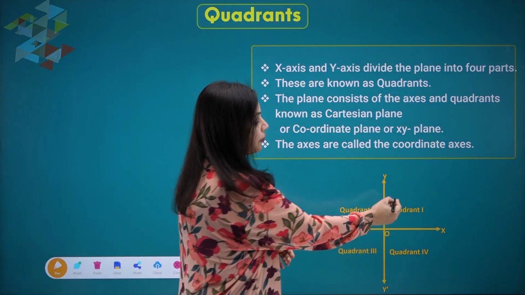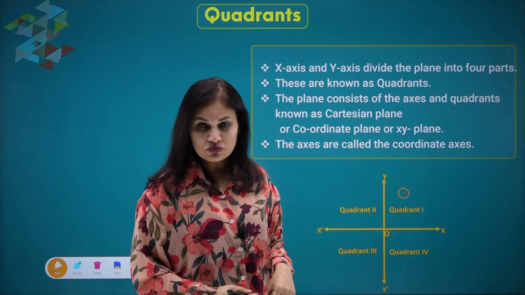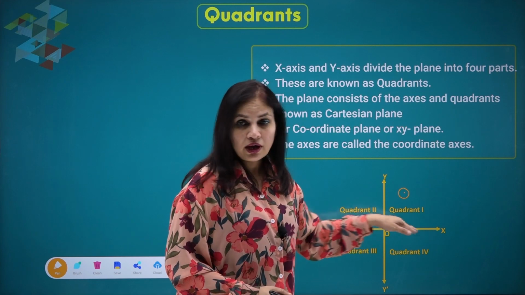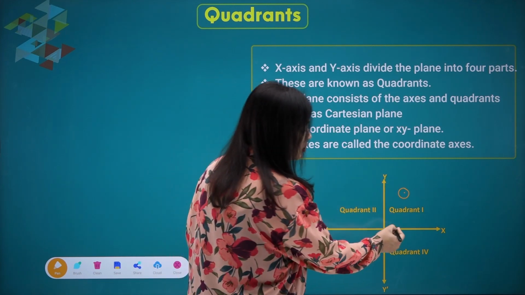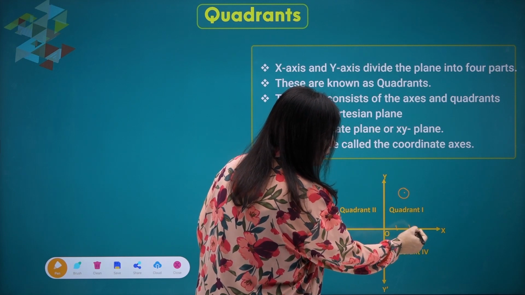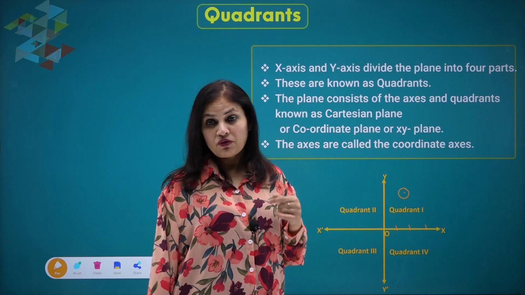So if I pick up a point in the first quadrant, it will have all the positive values here and all the positive values here. So the part of the number line OX denotes the positive side of the x-axis.